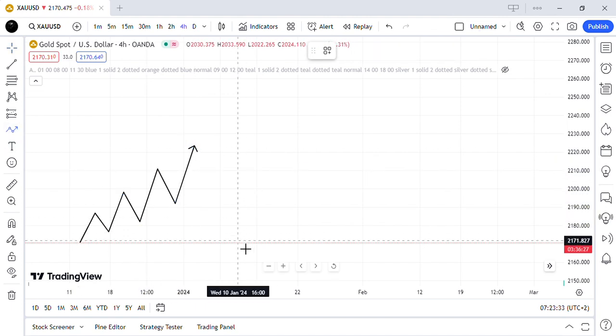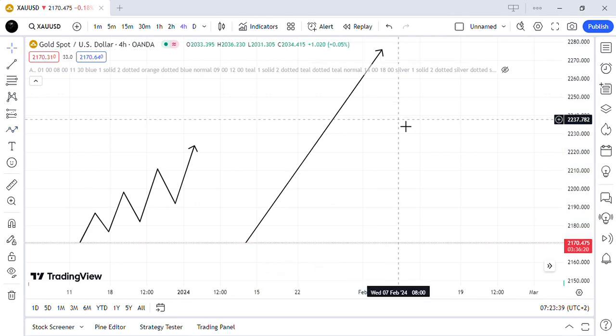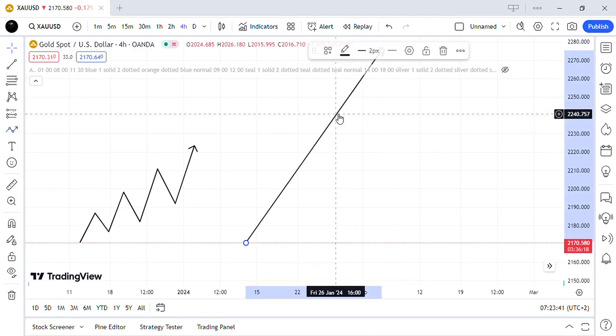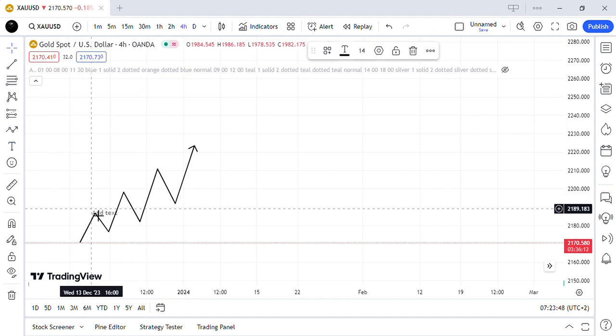The market will never move like that. It always moves in this form, creating higher highs and higher lows. What do I mean by higher highs and higher lows?